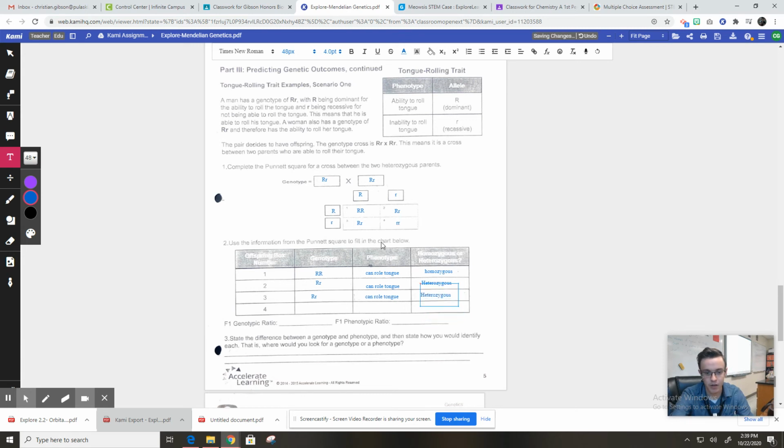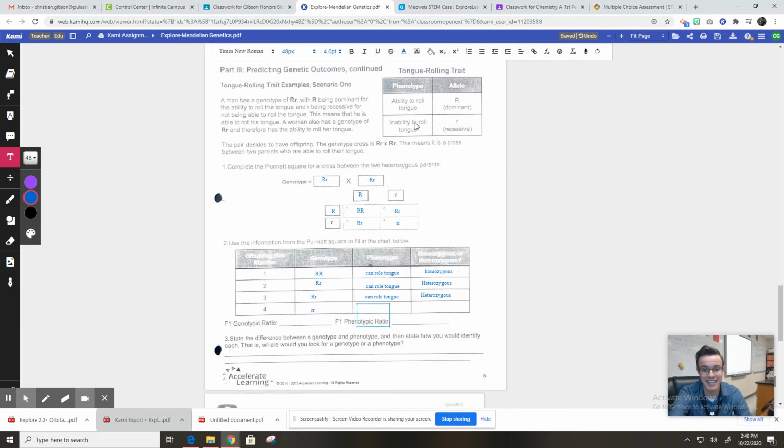All right. Now, offspring 4, they are lowercase r, lowercase r. Okay. See here, lowercase r. Now, they have two recessive traits. There is no dominant trait in this genotype, or dominant allele, excuse me, in this genotype, meaning they can't roll their tongue. They don't have the allele to be able to do it.